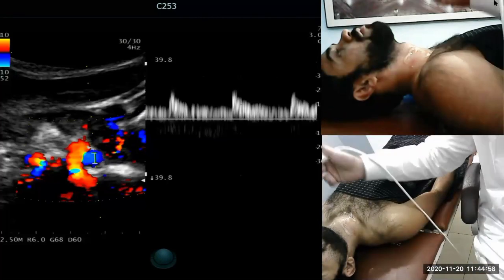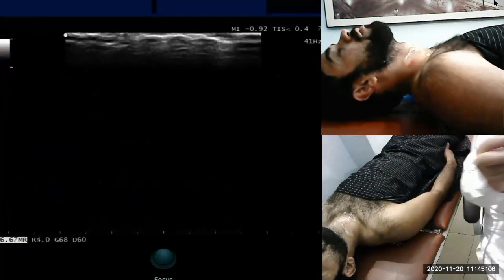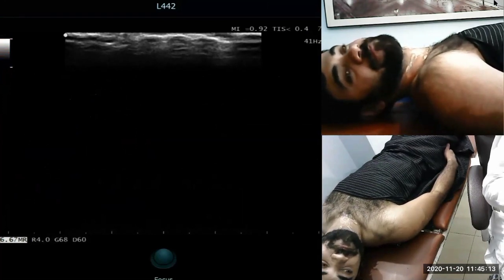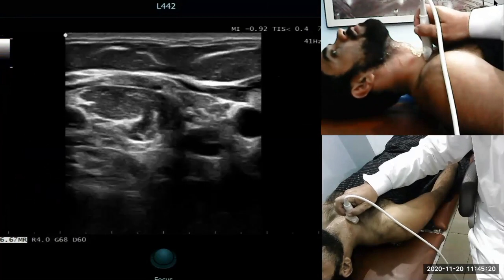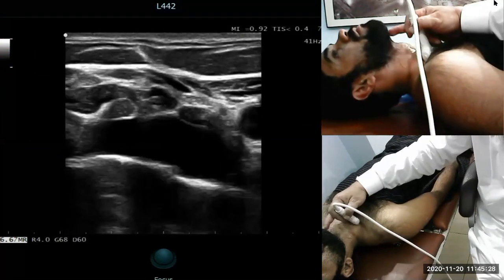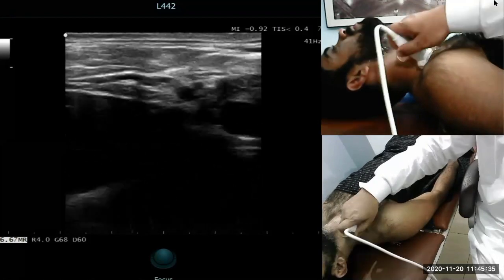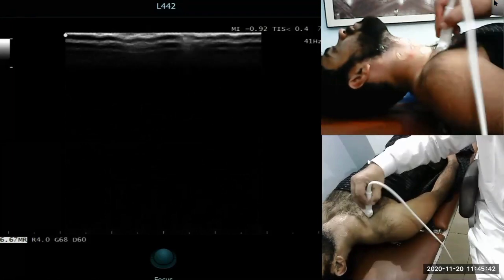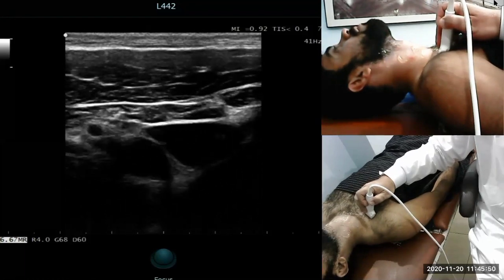to the linear now, we can see here from this supraclavicular region or below the clavicle, the subclavian vessels. There we are.